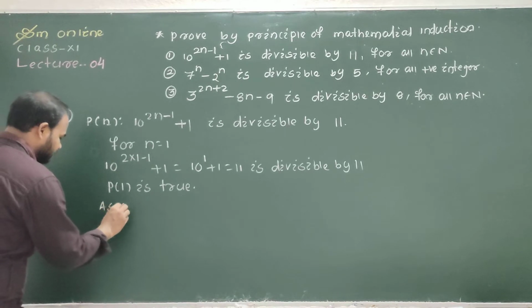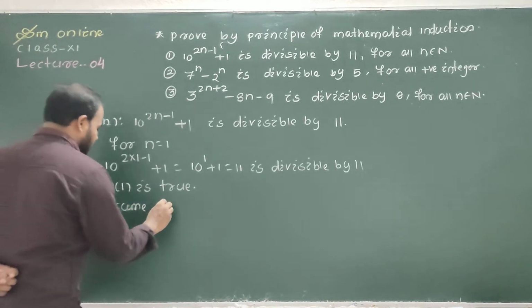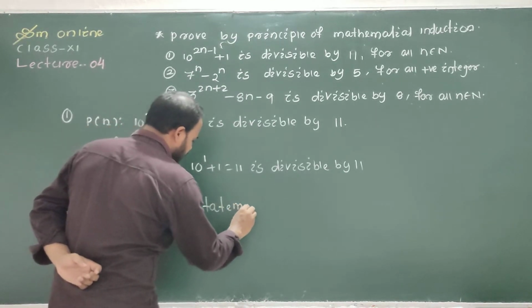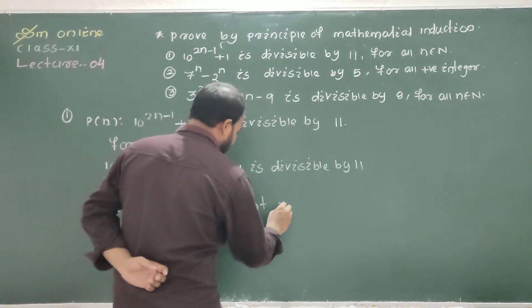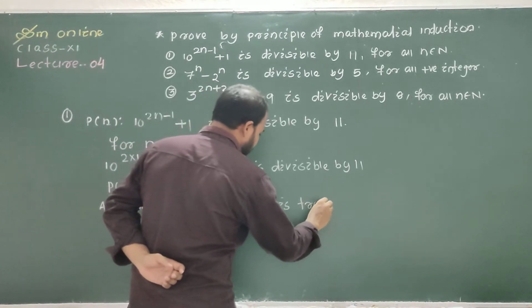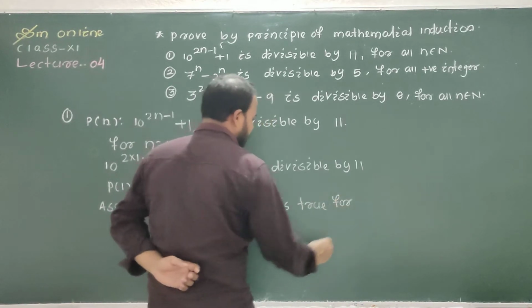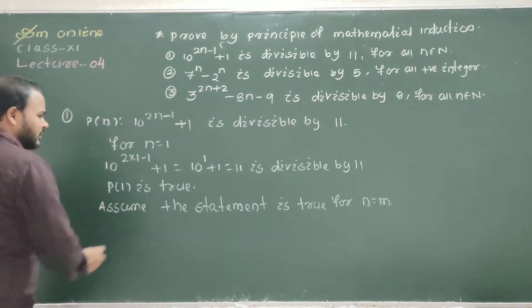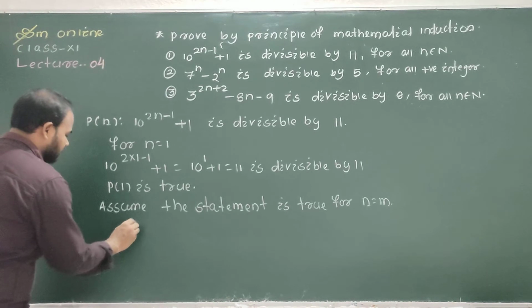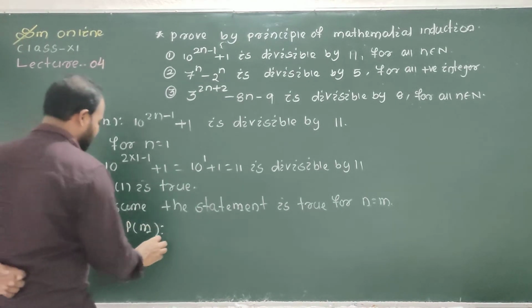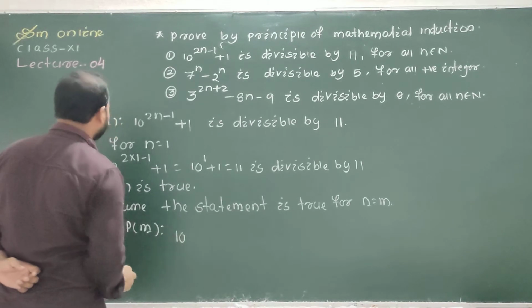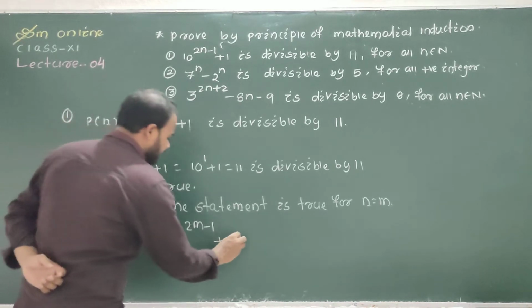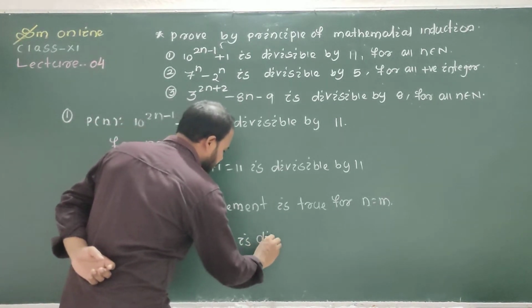Assume the statement is true for n equal to m. Then this is P of m, such that 10 to the power 2m minus 1 plus 1 is divisible by 11.